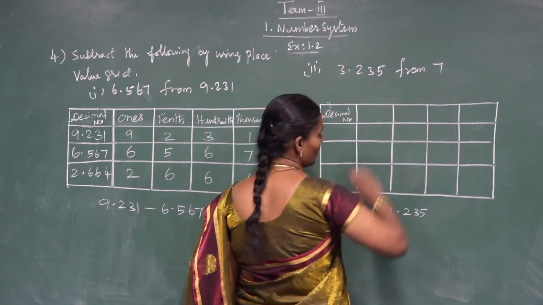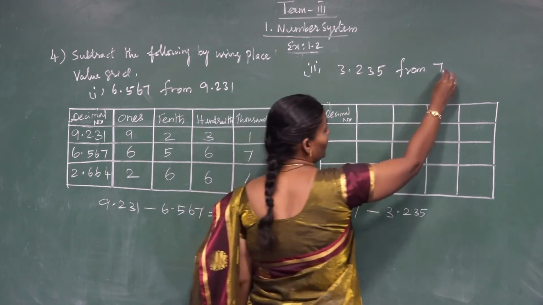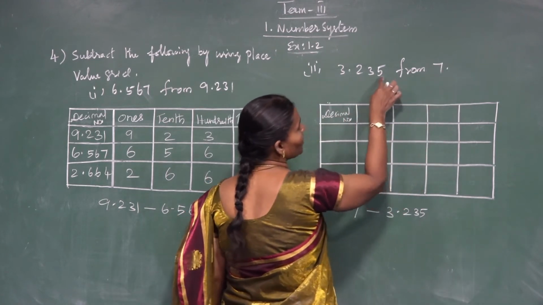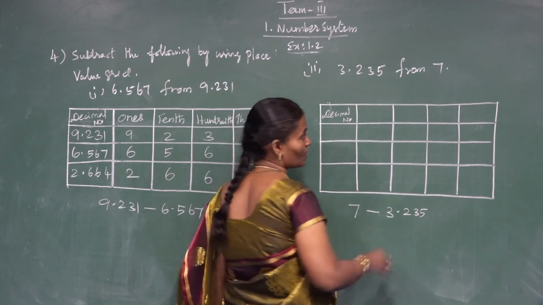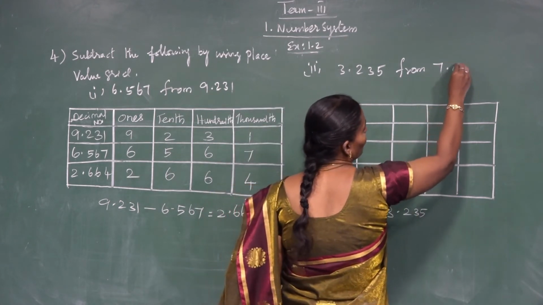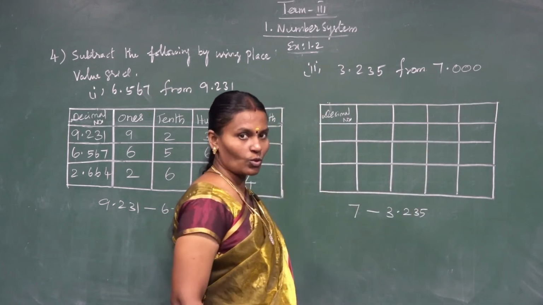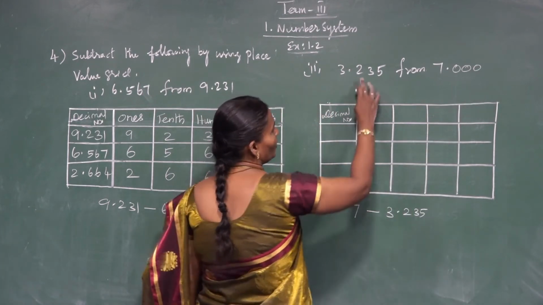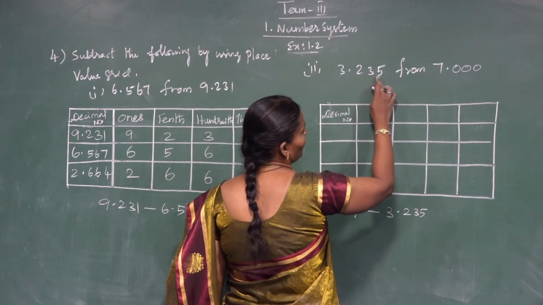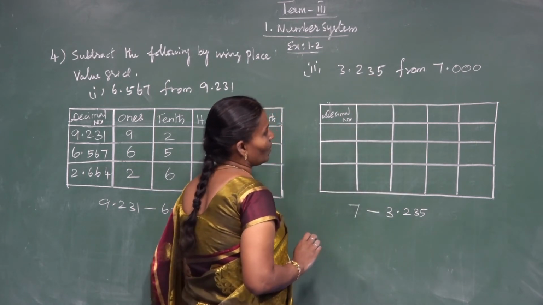Here also see whole part. Here 7 only is there, so you consider that as 7 point. Here 3 decimal places are there, so 7 point, you put 3 zeros. How many decimal places here? 3 decimal places.